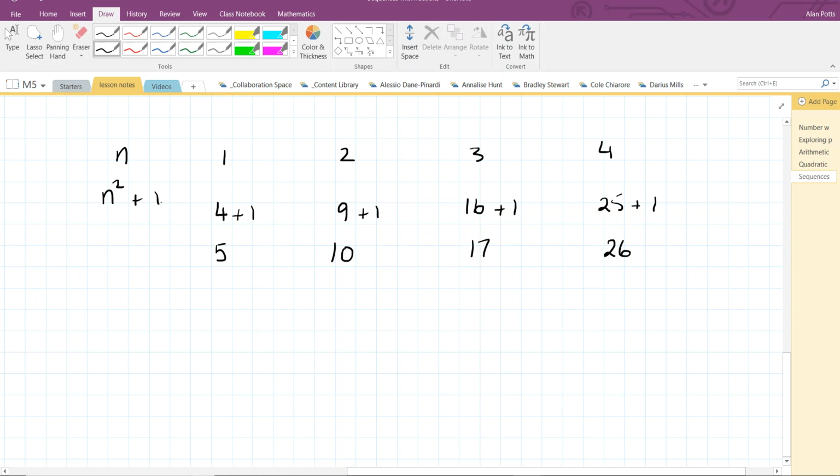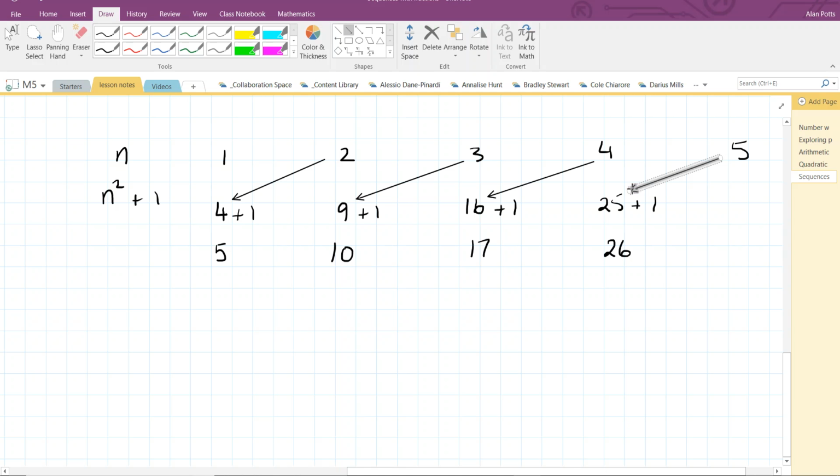That doesn't work. But what do we have? If I took 5 and squared it, you get 25.